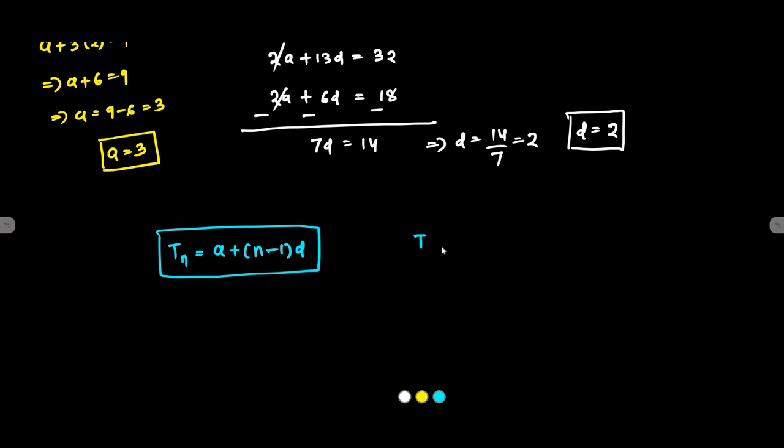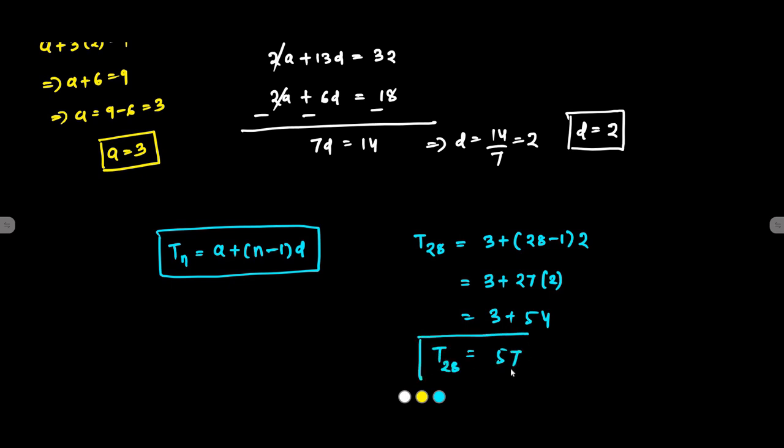T28 is equal to a, which is 3, plus 28 minus 1 into d, which is 2, equal to 3 plus 27 into 2, which is 3 plus 54, and that is equal to 57. So this is the 28th term of the arithmetic progression, 57.